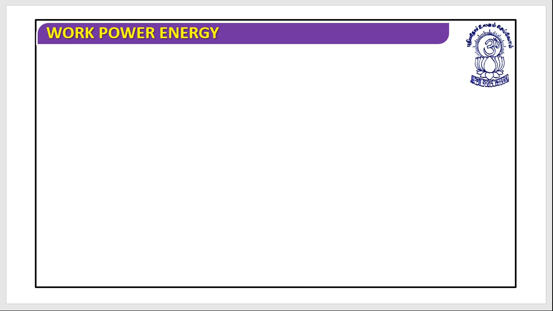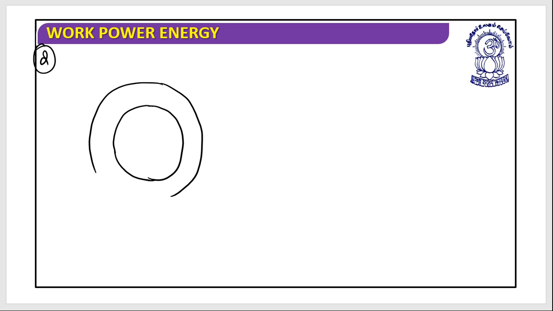One more case of a similar situation could be there. Let me show you. Let's assume one circle is there, and you have a certain kind of tube-like thing, something like this, and your object is going to move in this path.